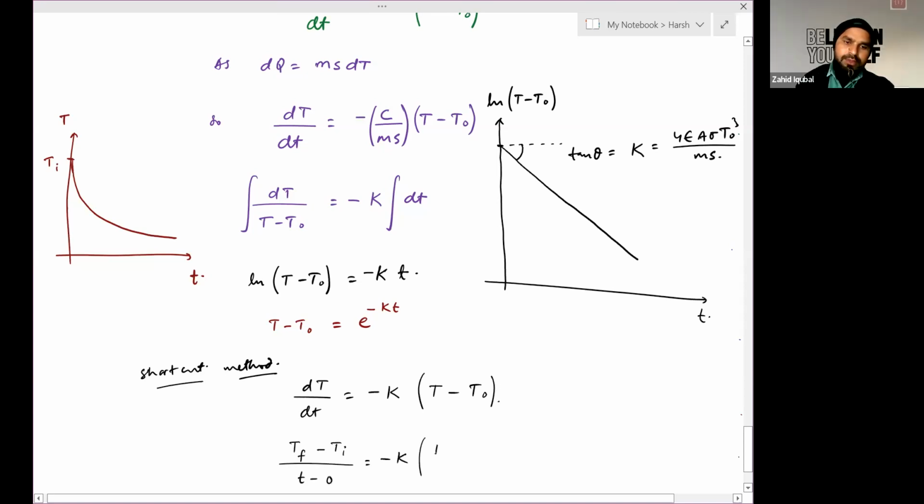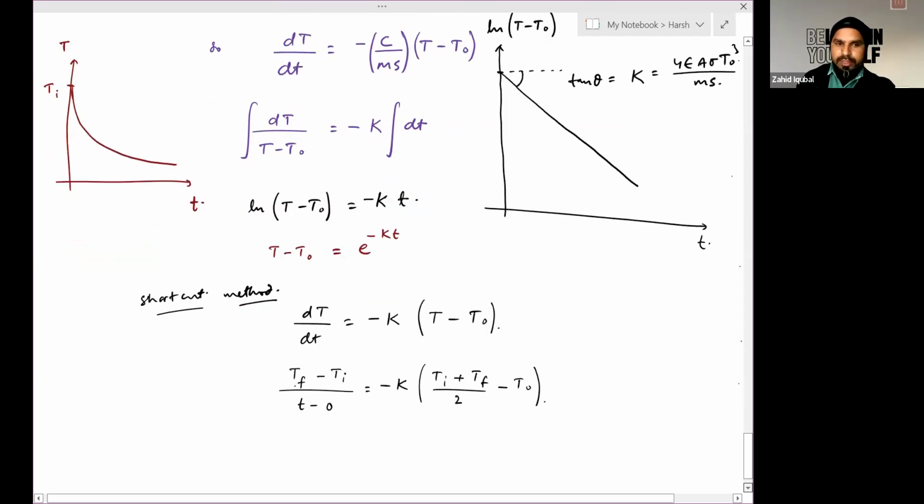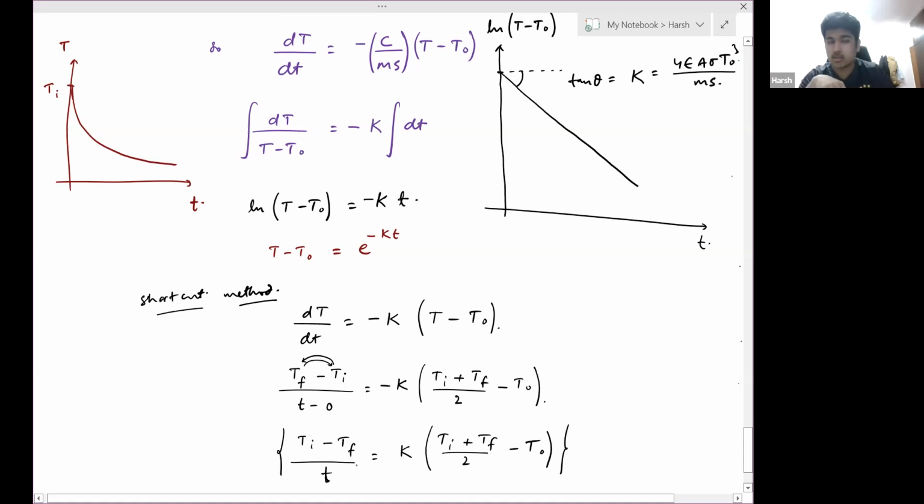This is called the average temperature, that is Ti plus Tf by 2, minus T naught, the temperature of the surrounding. The final temperature of the body will be smaller as compared to initial. So if you reverse these two parts, you will get T initial minus T final, and the negative sign will get cancelled out. So you're left with this part. Is it clear? Yes, sir.